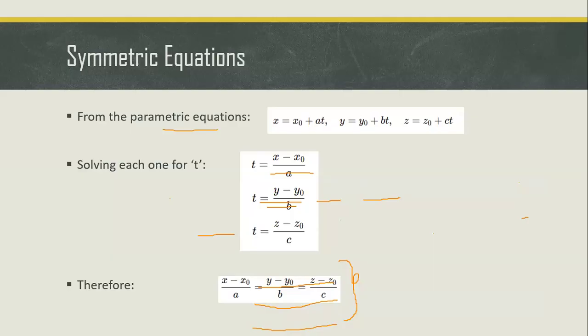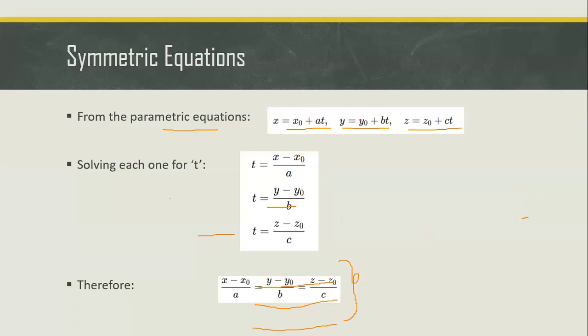And now we are at symmetric equations. So from the parametric equations, we know that x is equal to x0 plus at, y is equal to y0 plus bt, and z is equal to z0 plus ct.